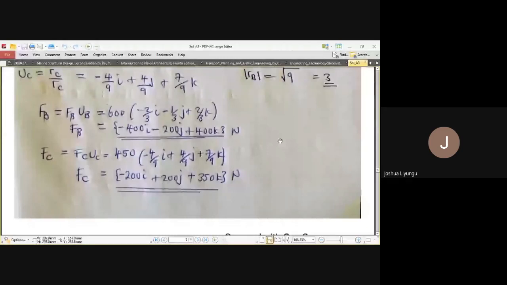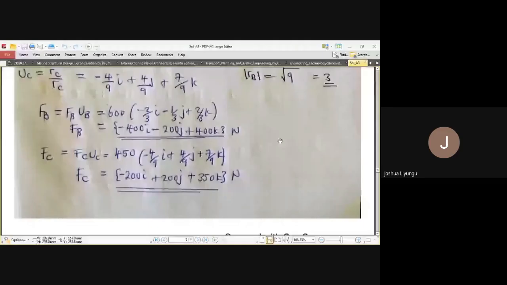You are going to select which units you are using. Take note of that. No space.